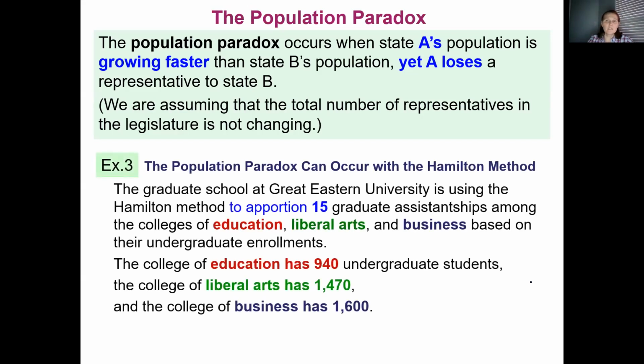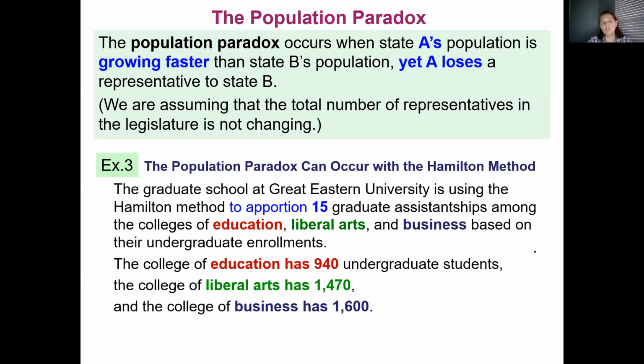We will consider this paradox with the example of assigning teaching assistantships. Suppose that the graduate school at Great Eastern University is using the Hamilton method to apportion 15 graduate assistantships among the colleges of education, liberal arts, and business, based on their undergraduate enrollments.